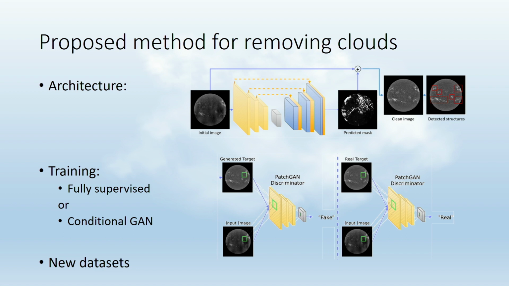The aim being that the UNet becomes so good at predicting very realistic images that it can trick the discriminator into believing these are real images.